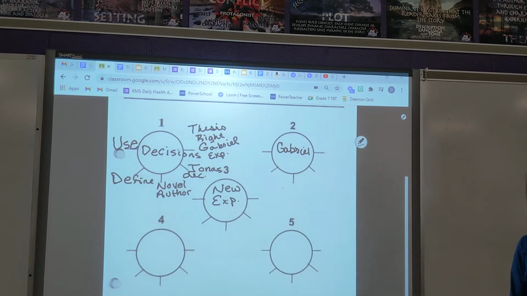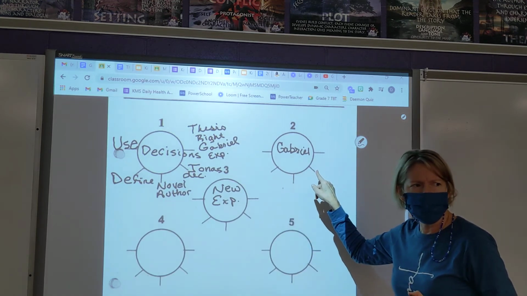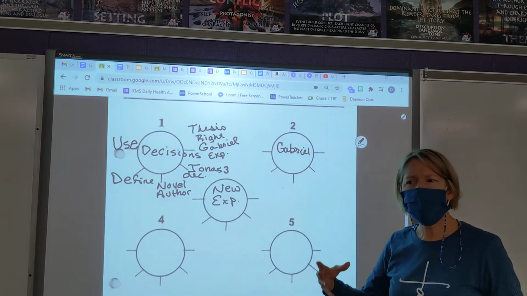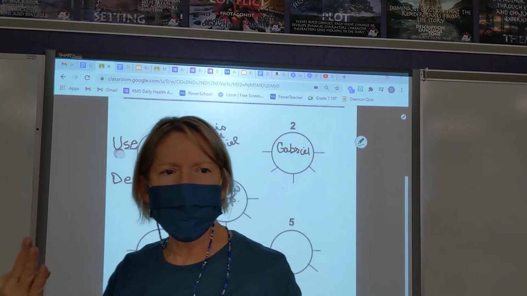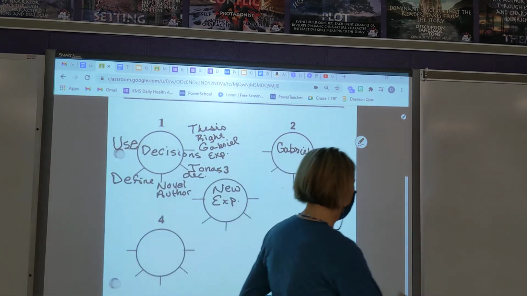So now the next thing we need to do is find evidence to support this. So who can tell me 3 reasons to support the fact that he needed to get Gabriel out of there? Give me one, Elizabeth. He was going to be released. He was going to be released.